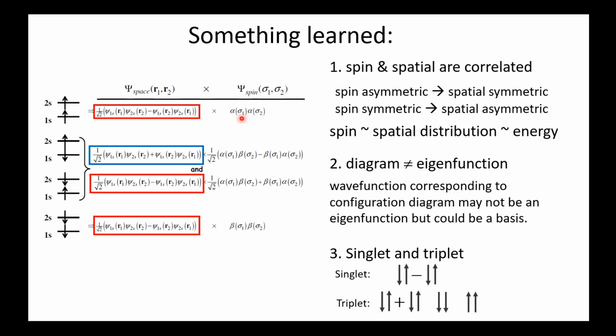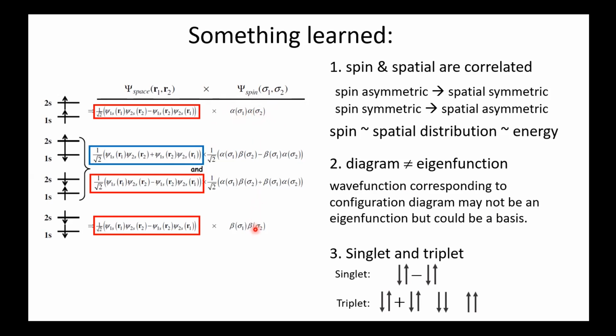So if you exchange sigma 1 and sigma 2, you have the same value. This whole thing is not changed. So this is symmetric with regard to the exchange of sigma 1, which represents the electron. If you exchange electrons, the spin part wave function doesn't change. So it's symmetric.